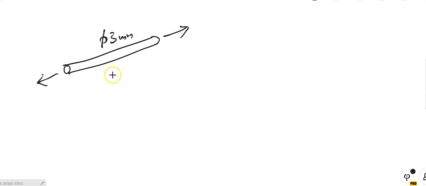So let's say we take a piece of wire and we stretch it. We hold the ends tightly, and then we apply the tensile load, and then a little bit more and a little bit more. Can you think in your mind what could be happening?